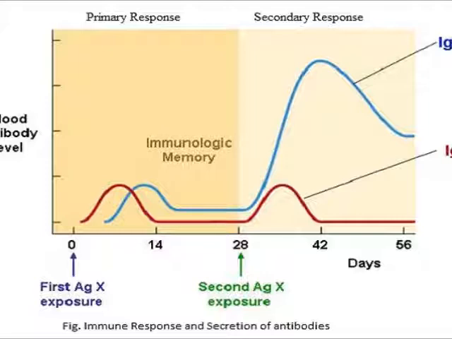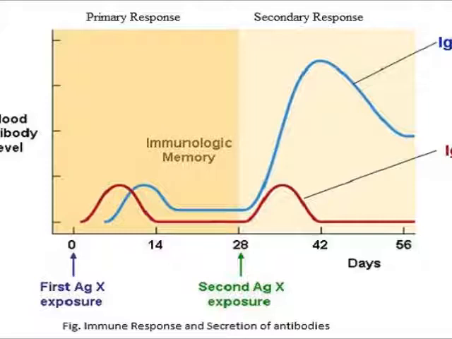So the primary response has a lag phase that is much longer, usually about a week, could be several months in duration, whereas the secondary response, much more quick acting, peaks out in just a few days. Its lag phase is much shorter, probably about 1 to 4 days, thanks to those memory cells quickly enacting their effects. The level of antibodies in the body peaks out in about 7 to 10 days during the primary response.